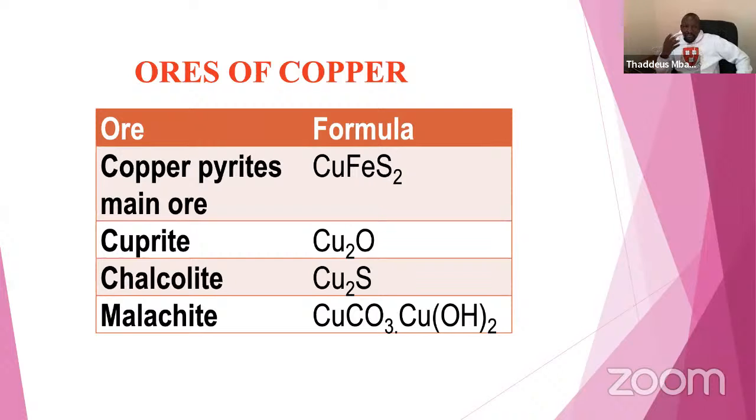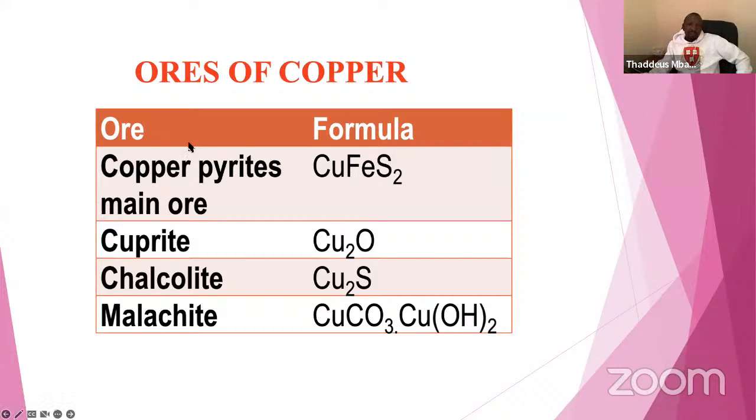Now, we start by looking at the ores of copper. The main ores of copper are copper pyrite, which is the chief ore, cuprite, which is copper(I) oxide, chalcocite, and malachite. Malachite is basic copper carbonate, as captured there.